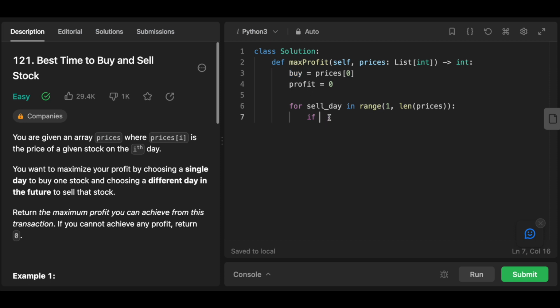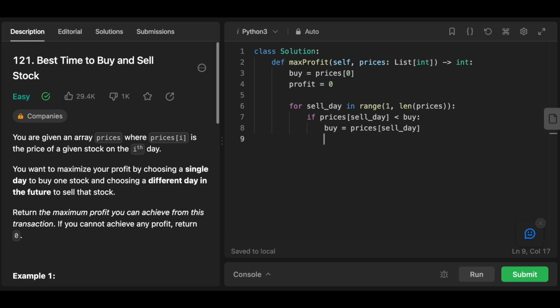Okay, so if the sell price, which is prices of the current day, sell day, happens to be less than our previous buy price, then we want to optimize for that and update our buy price to whatever our current day's price is.